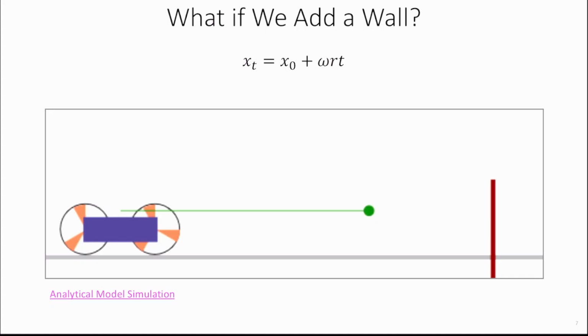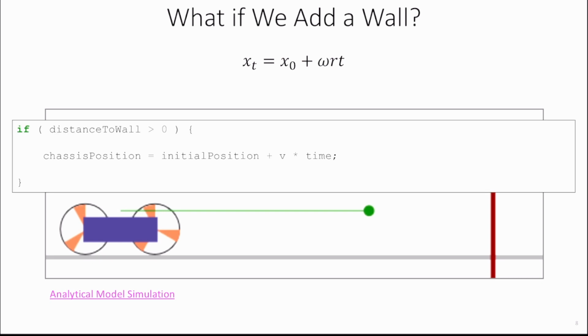So that sort of ruins my next slide here, is what if we add a wall? Can we still get away with doing this simple analytical solution? And the answer is yes. We can just check our distance to the wall at each time step. If our distance to the wall is still greater than 0, meaning our chassis position is here, and then it gets to here, and then it gets to here, and the distance to the wall is defined by the closest point on the chassis, so that point on the very front of it.